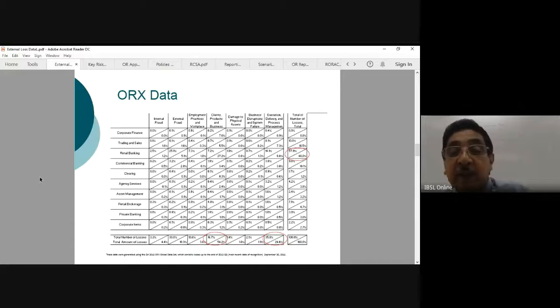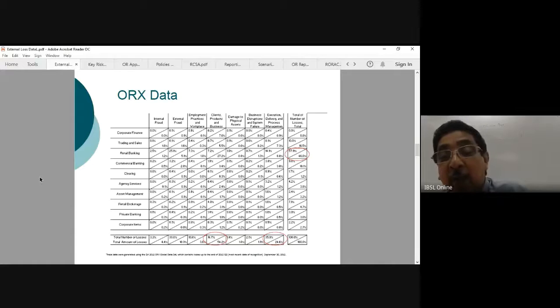Then when you go to trading and sales, you have number 10% and 16.5 loss amount. If you go to retail banking, you have 57.9 events. So that means if you take the total events, 57.9 events came from retail banking.